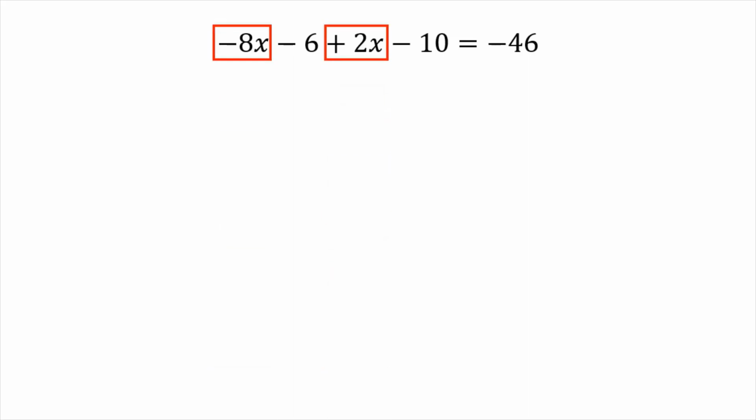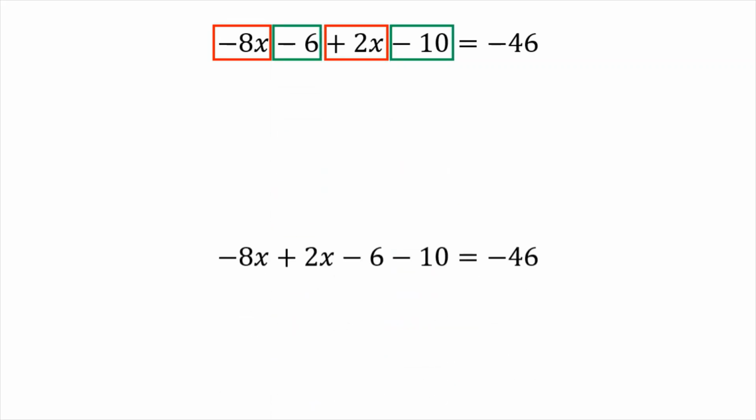Okay, problem number 2. Negative 8x minus 6 plus 2x minus 10 equals negative 46. Again, we're going to start by combining like terms. So negative 8x and 2x need to go together, and negative 6 and negative 10 need to go together.